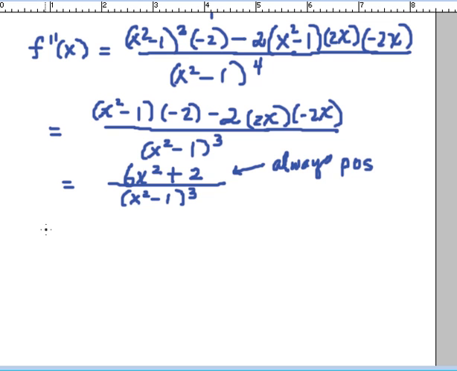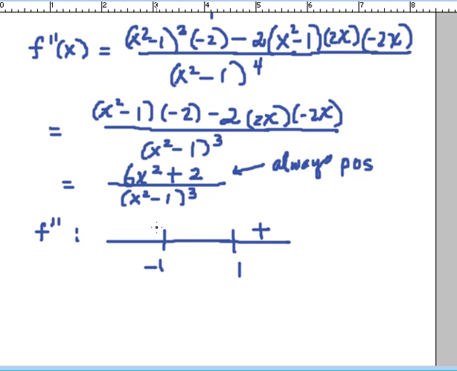Alright, so f double prime, the plus minus analysis is done by placing the zeros of the denominator on the number line, and those are minus 1 and 1. If we substitute in 2, the denominator is positive.